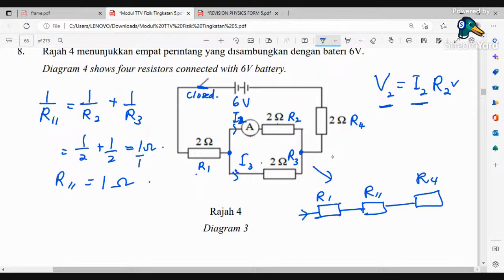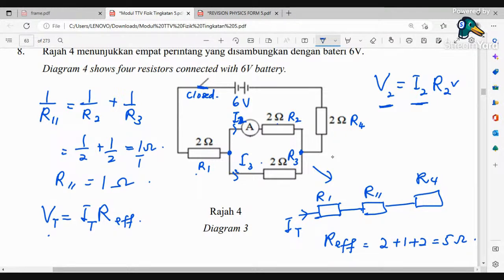So I need to find the total current first. Using the formula V equals IR also, V is total voltage, VT, I is total current, R must be the effective resistance. So what is the effective resistance for the whole circuit? It is 2 plus 1 plus 2, which is 5 ohm.